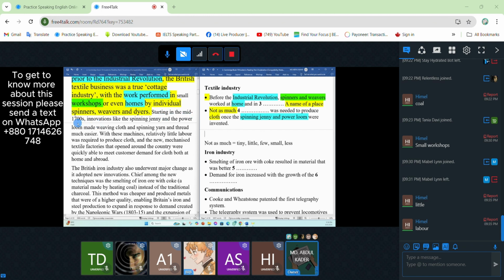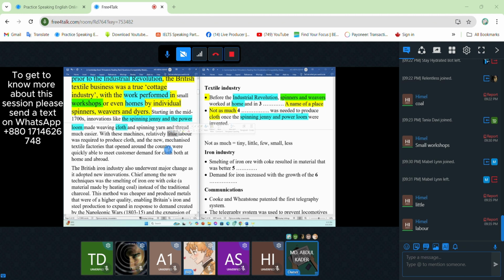Starting in the mid 1700s, innovations like the spinning jenny and the power loom. Yes, we've got the two words, spinning jenny and power loom. Okay, fine. Another word, clothes, much easier.